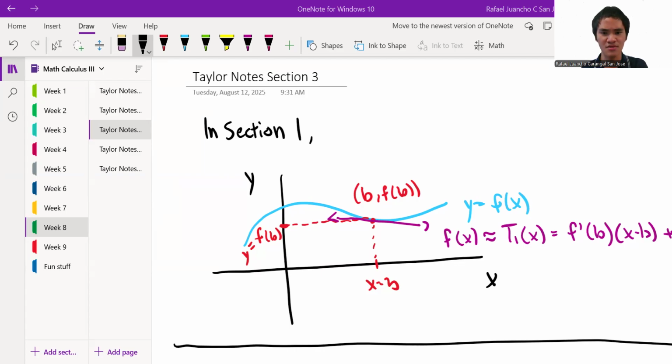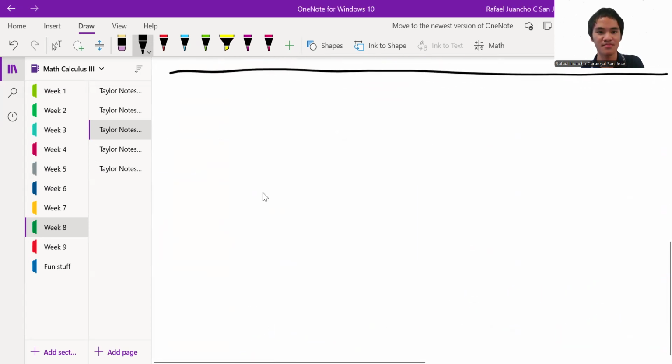So let me go ahead and look for the example. Oh, where is it? Oh, I'm not in the, okay, there we go. Now we move on to section 3. And this is basically, okay, well, I'm gonna write the title, obviously.